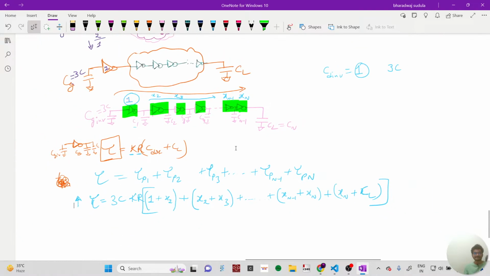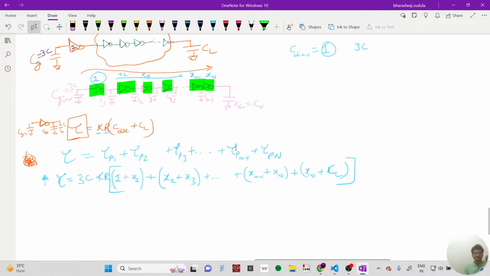We'll see again. Let's isolate this standard cell, this first one. So 3CKR, the first one will be x2, right? This will be 1 plus x2.